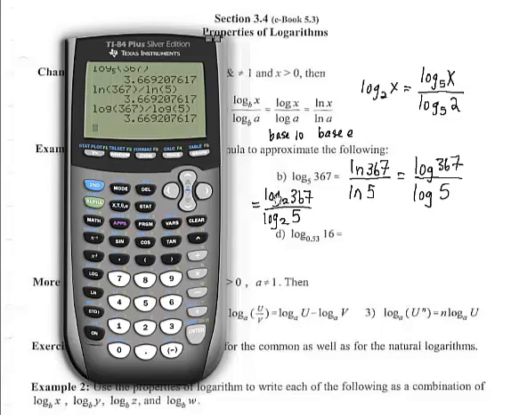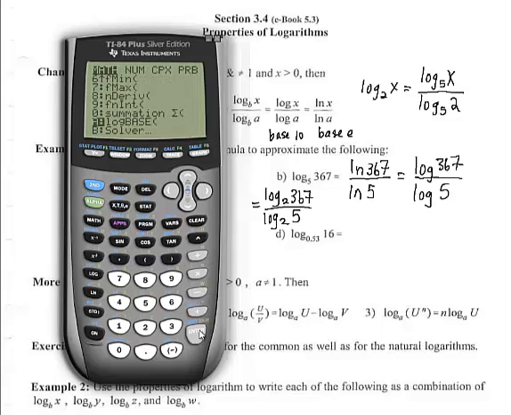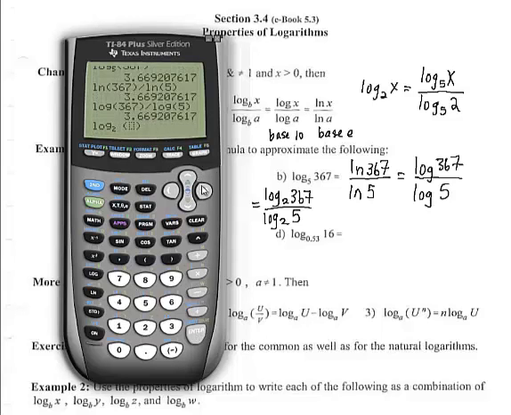And now for log base 2 of 367, just to show you that I can switch to any base b, as long as b is positive and 2 is positive. For this one, I'll have to use the log base function. So with a base of 2 on the top, and once again on the bottom, base 2 and 5.